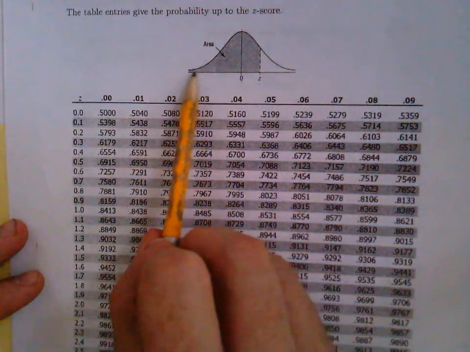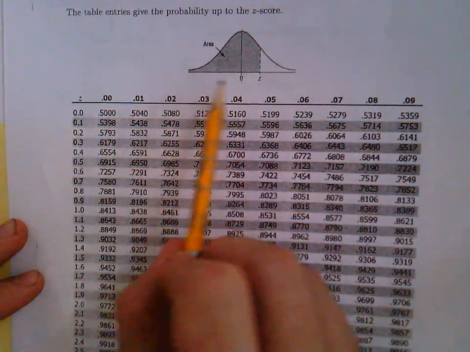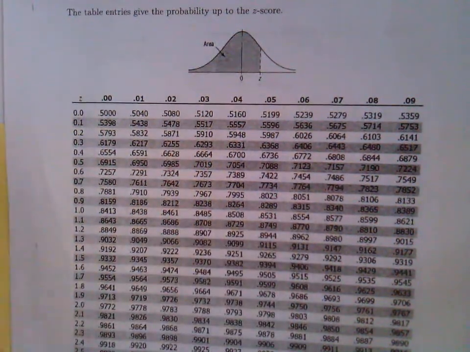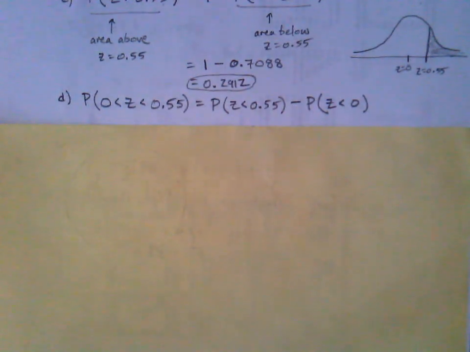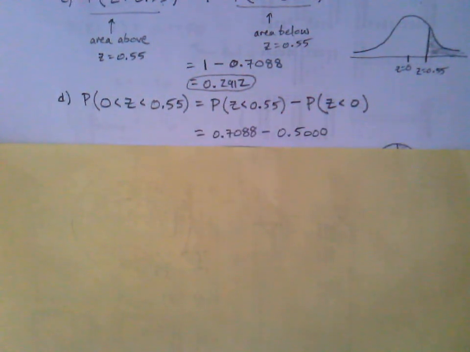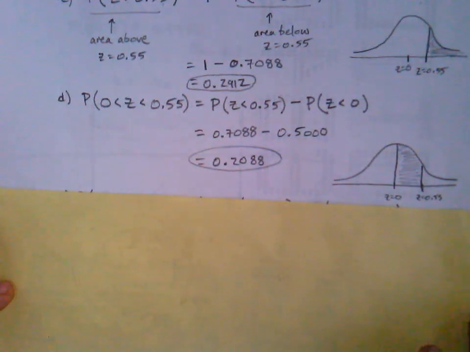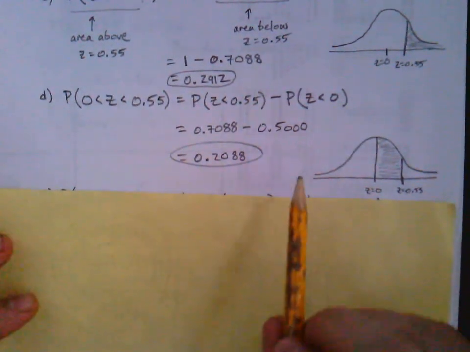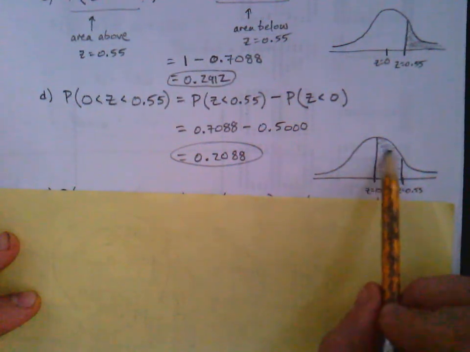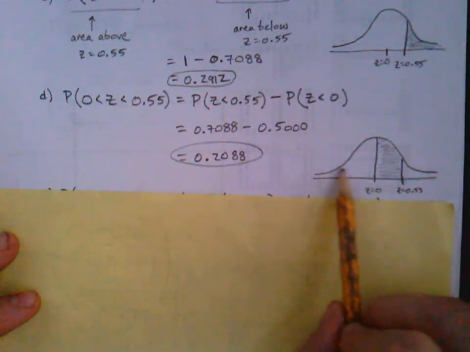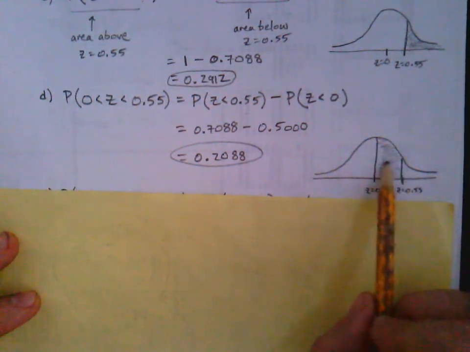Well, 50% of the data is on the left, 50% is on the right, but what it's measuring is that probability on the left, 0.5 exactly. So we can find 0.7088 minus 0.5000, and there's our answer right there, 0.2088, and I couldn't resist, I made a little drawing there. So if we just want the area or the probability between 0 and 0.55, well, there it is. So we found all this area and subtracted all that, leaving behind just this.